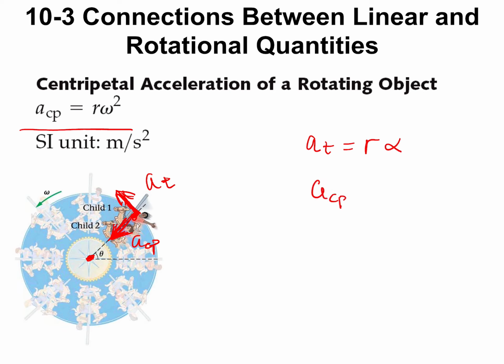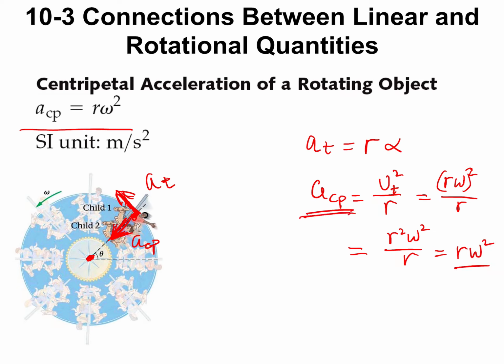Centripetal acceleration, what we learned before, is V squared over R. V is actually your tangential speed, which equals R omega. So R squared omega squared over R equals R omega squared. So this is centripetal acceleration, and that is tangential acceleration.